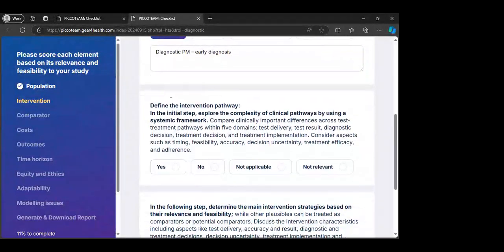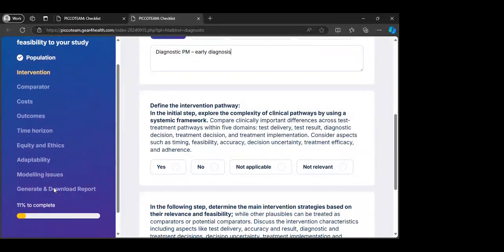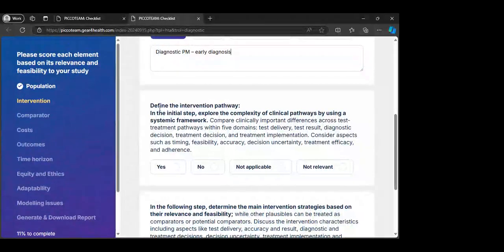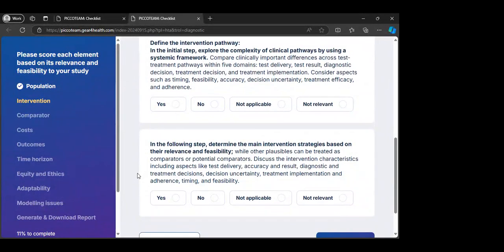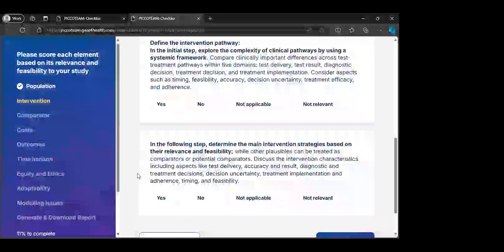So let me copy and paste this as my comments, because later you're going to have a study report on the checklist, the recommendations that you have used and your comments. When defining the interventional pathways, it is very important to involve clinical experts and to understand at the initial step the complexity of clinical pathways.